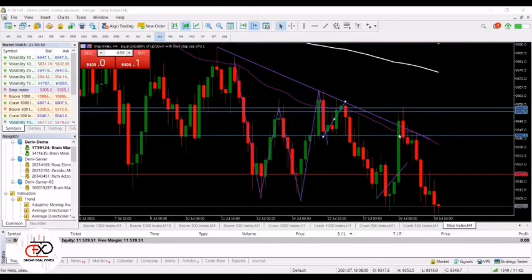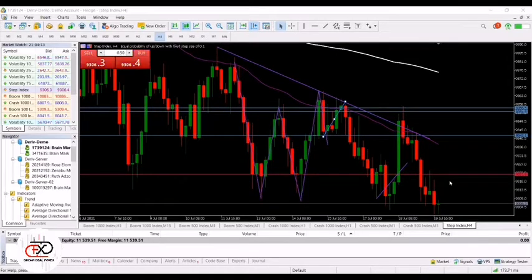Then probably, is it a bouncing trade or a breaking trade? Is it breaking or is it bouncing? When you know all those things, your decision making becomes accurate and successful.